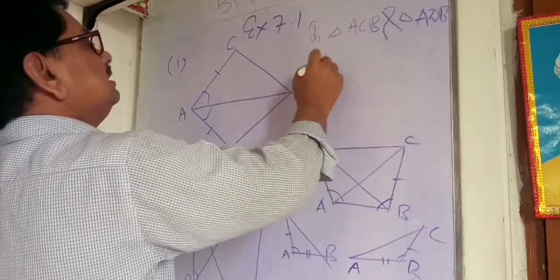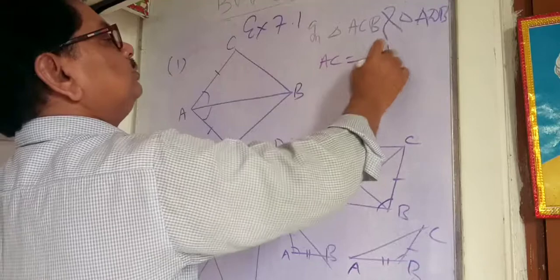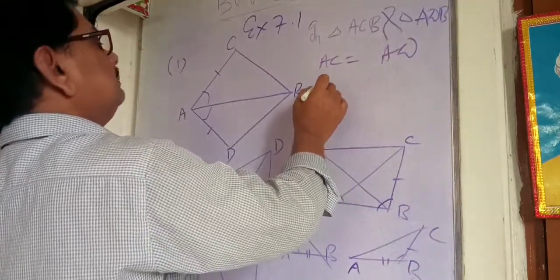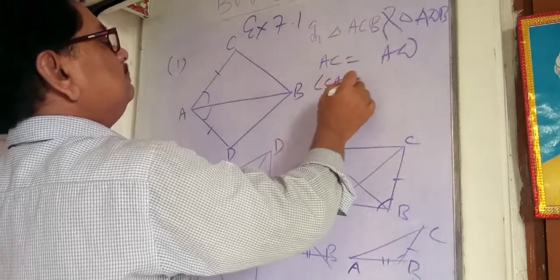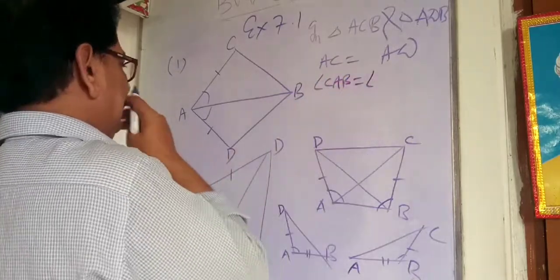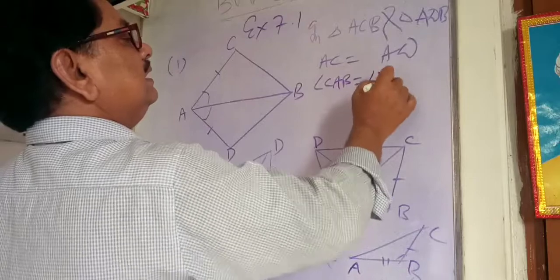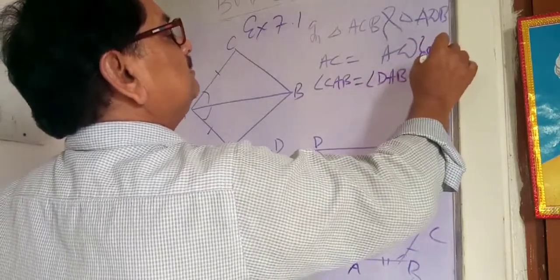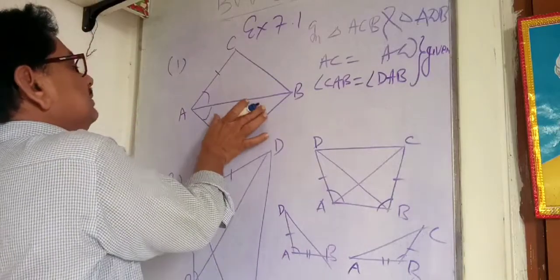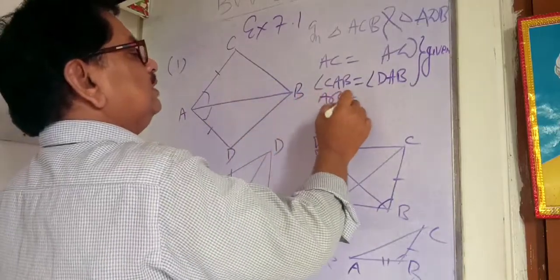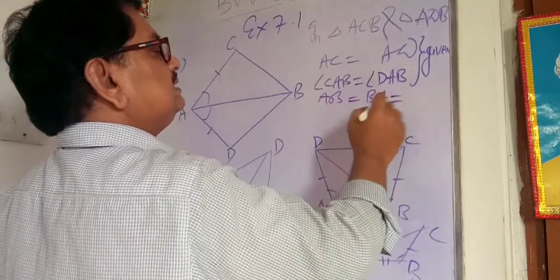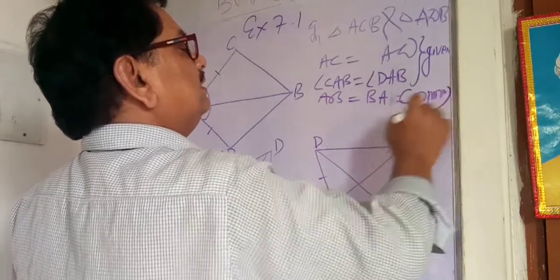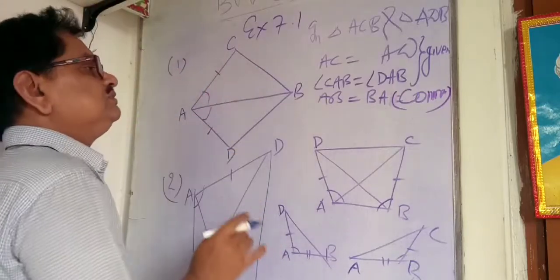Like this, AC equal to AD, angle CAB equal to angle DAB, and here we will write given, and this one AB equal to BA, and this is common. This is common between both the triangles.